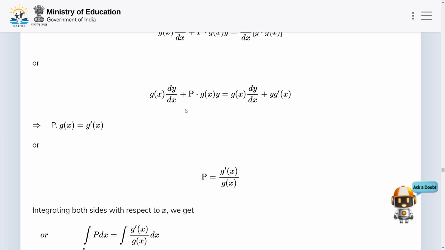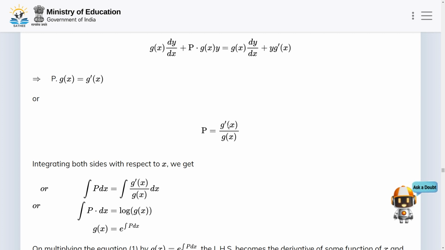By comparing, this will give you p multiplied by g(x) is equal to g prime(x). This means p will be the ratio of g prime and g.